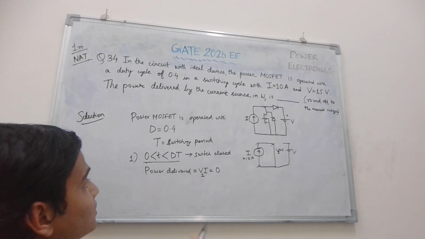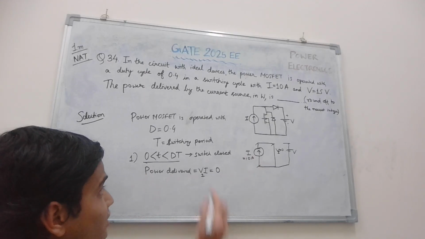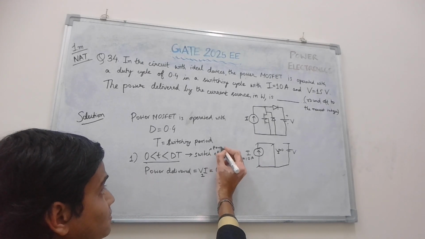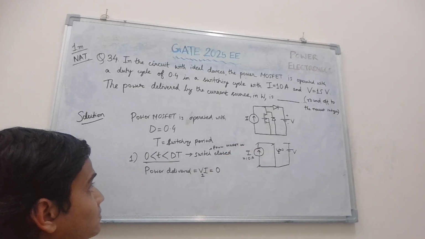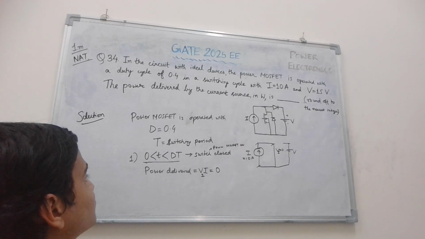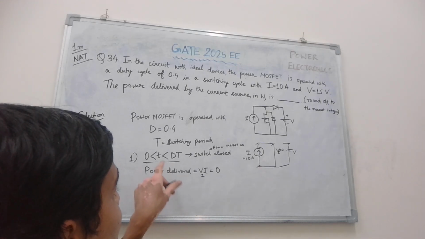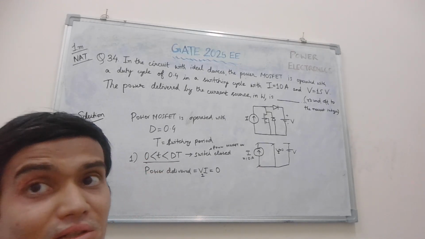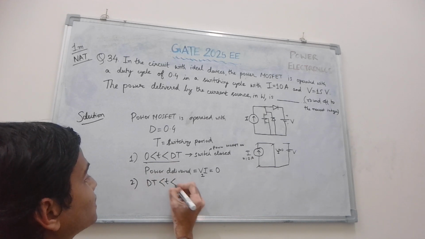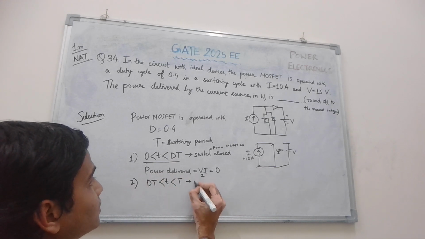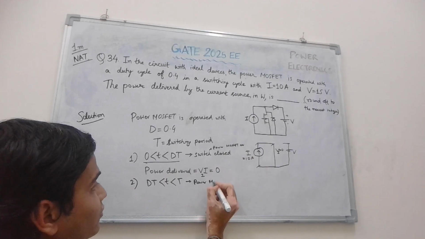The switch is closed, the power MOSFET is on, for 0 to DT, so the power delivered is 0. Now there will be another interval, DT to T, for which the power MOSFET will be off.